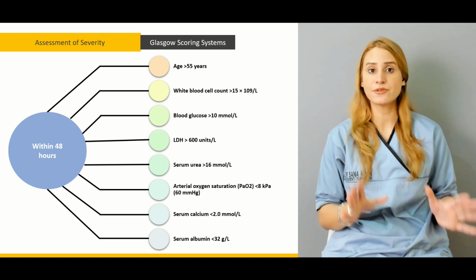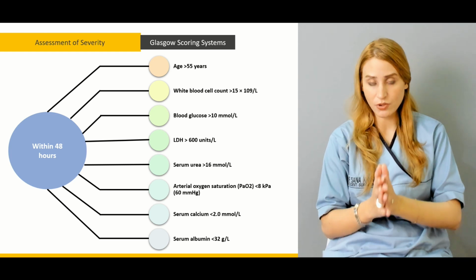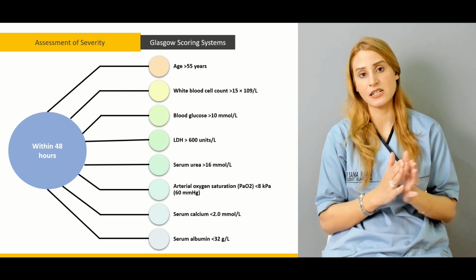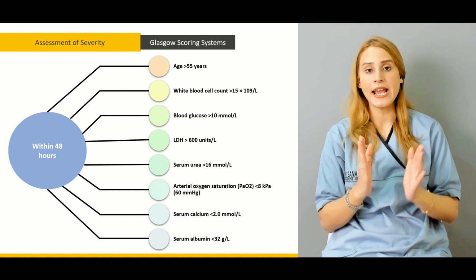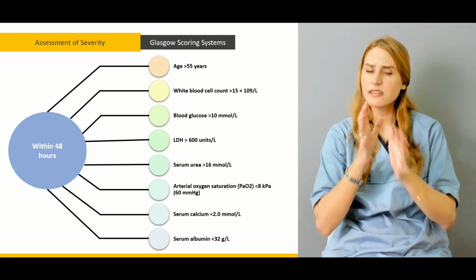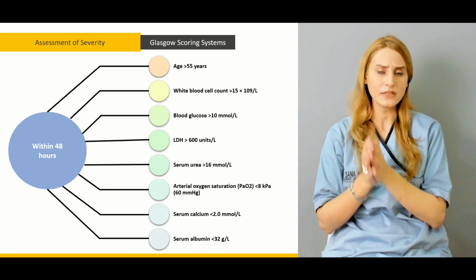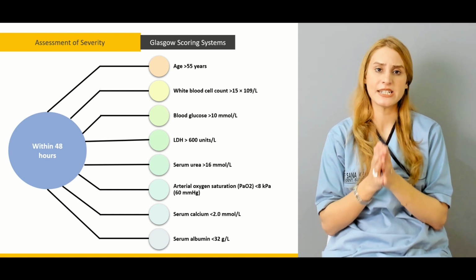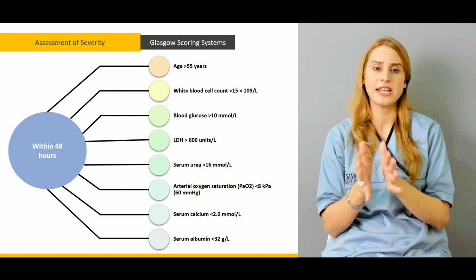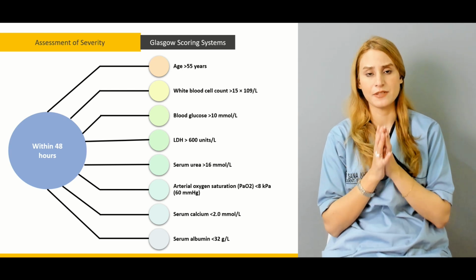So actually there are 2 criteria. One is the Ranson criteria, which I have already discussed in the previous slide, and there's another criteria slightly different from the Ranson criteria, and usually you calculate it within the 48 hours of the admission.